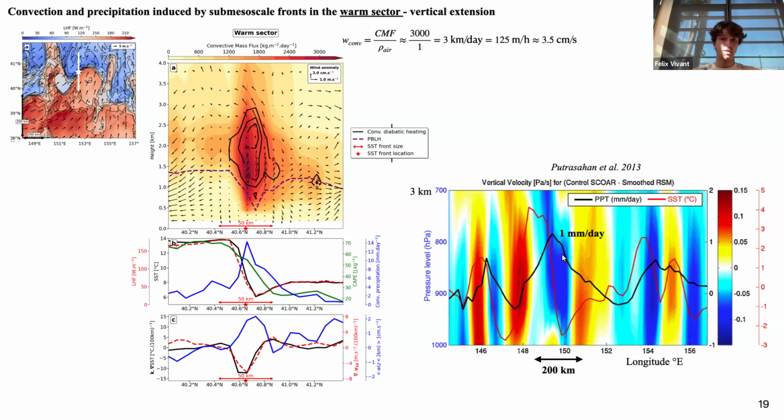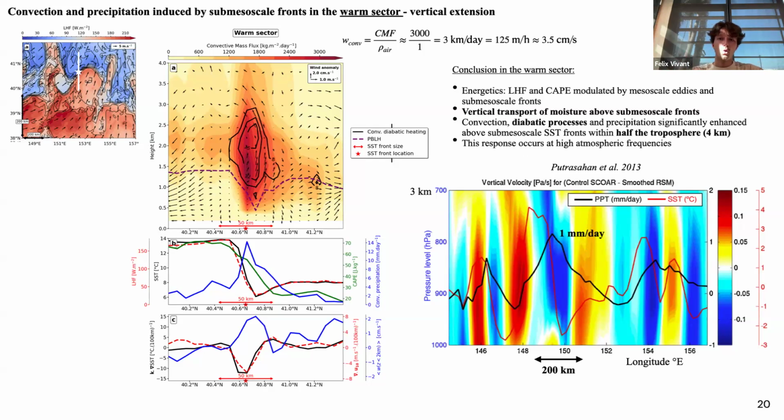And associated with this vertical velocity, they also observed precipitation anomalies of about 1 millimeter per day. So 10 times weaker than what we observe at the submesoscale, even though it's the same physics and the same mechanisms. The precipitation is greater and the horizontal extension is smaller as well.